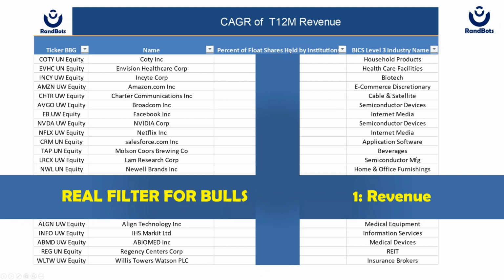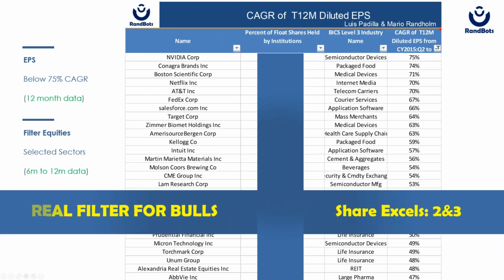We have the floating shares by institution here, and the name, the sector, and this is how I review which sector and if there are mega caps and suppliers of those mega caps. Then we have a similar filter for diluted earnings per share, and here we filter from 25% to 75% of earnings per share growth in a 12-month data.